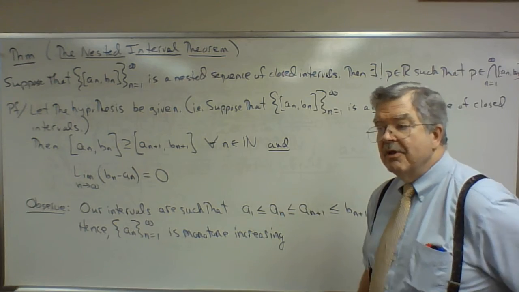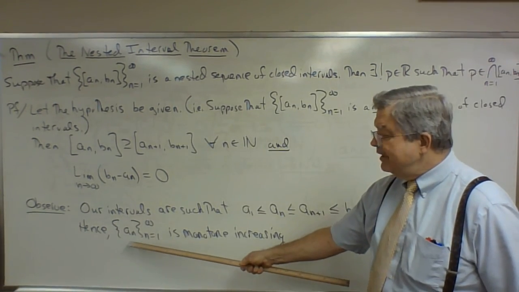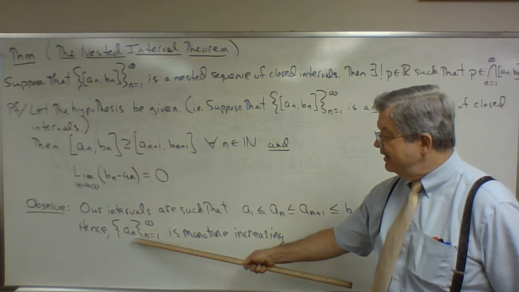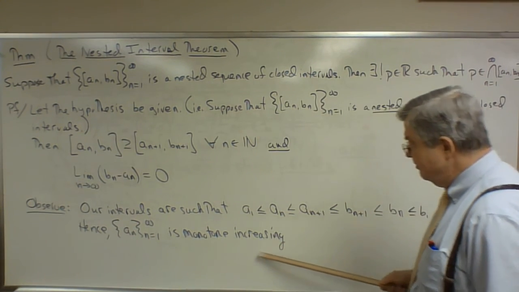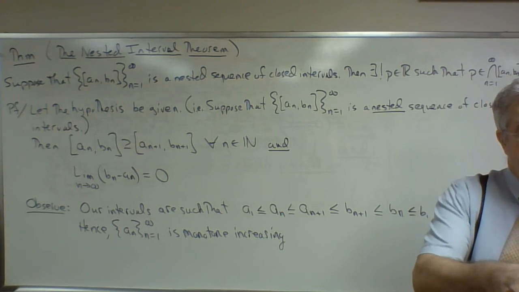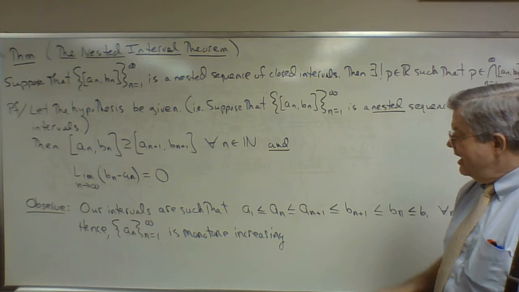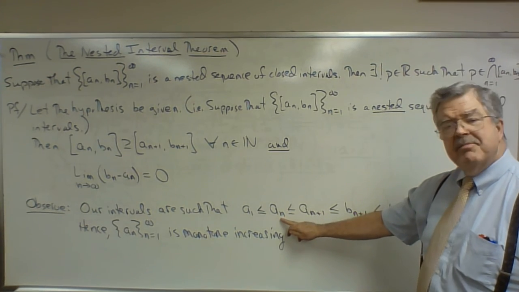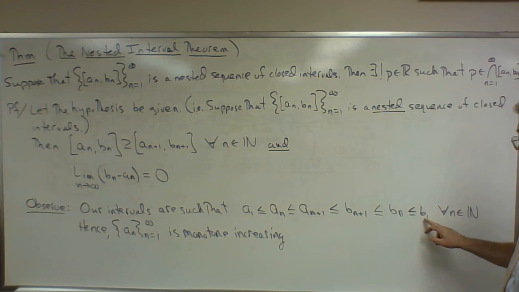So if we just look at the sequence of left endpoints, a sub n, this sequence of left endpoints is monotone increasing. But there's also something else. Every left endpoint, a sub n, is less than or equal to b sub 1.